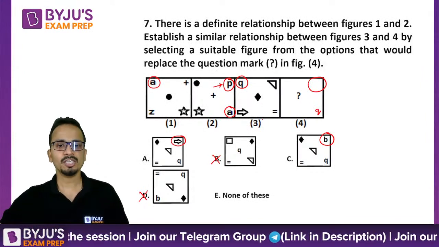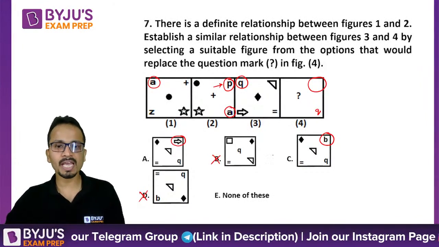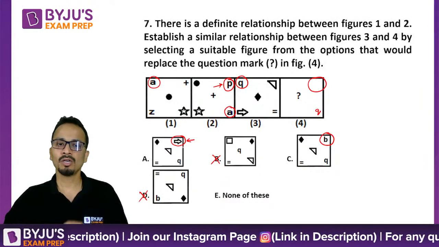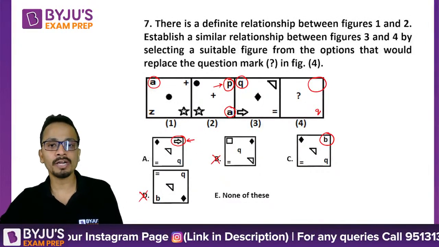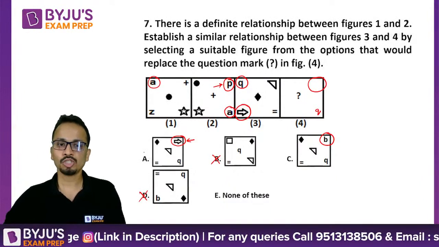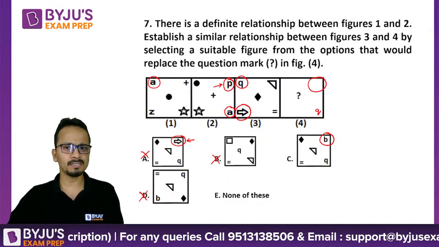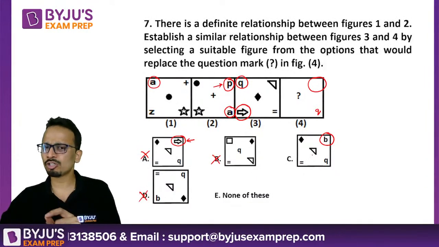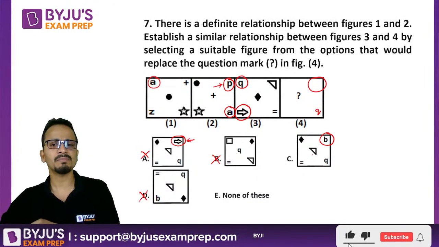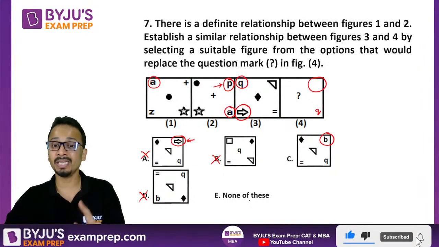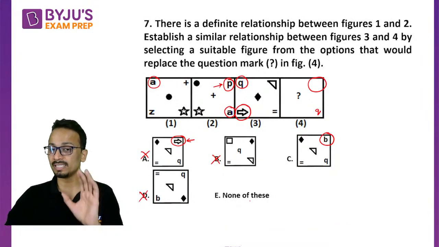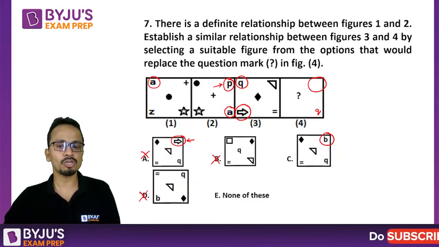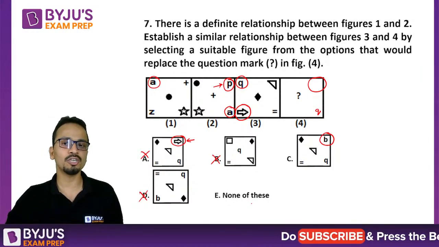Okay, fine. Now checking among option A and option C, the arrow in option A was already present in figure 3. So option A cannot be the answer. Checking option C as well, because I cannot straight away mark option C as the answer; there is also a none of these option. Guys, don't make this mistake. Find the answer clearly, because none of these is also among the options.